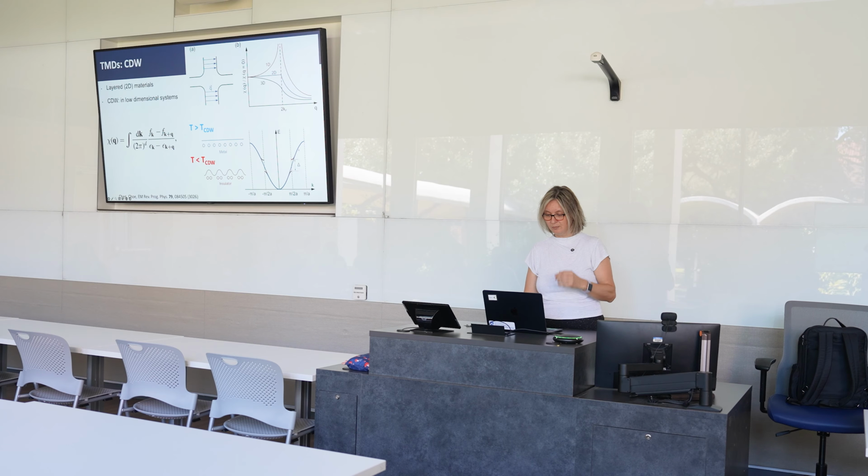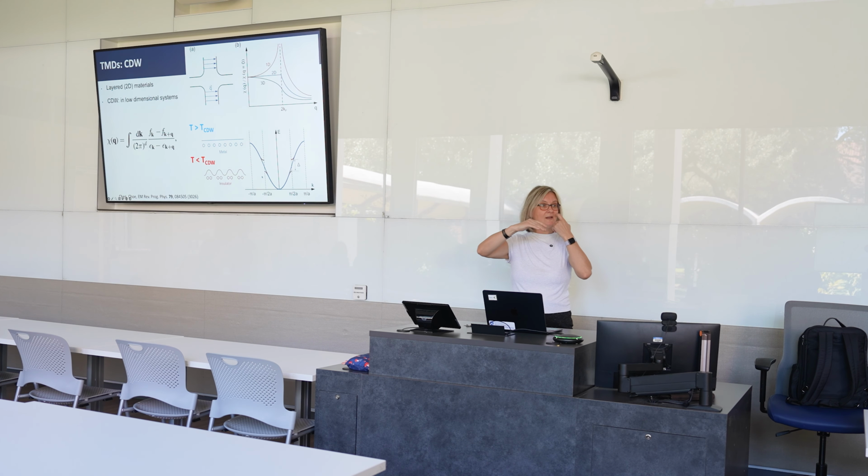You had the blue band structure over here, but with the new periodicity, you're introducing a gap at the Brillouin zone. If the gap is large enough, the energy of these electrons has dropped. So I've gained some energy by lowering the energy of those states, and if that gap is large enough and I've lowered the energy enough, I can compensate for the Coulomb repulsion.